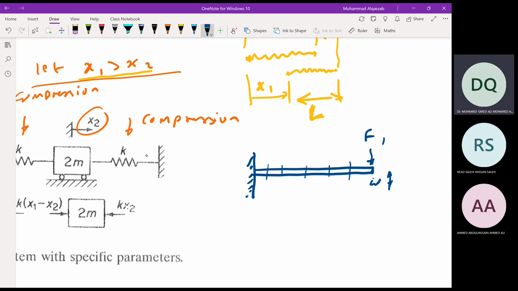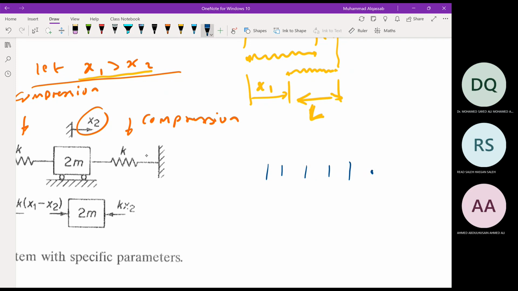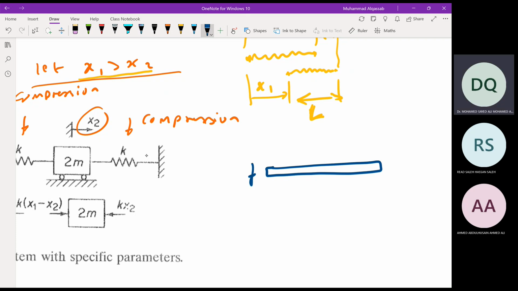Otherwise, imagine that this is not fixed. Maybe if you take a ruler and excite it by your hand on this side, up and down with the frequency omega, the whole ruler will go up and down with your hand, right?